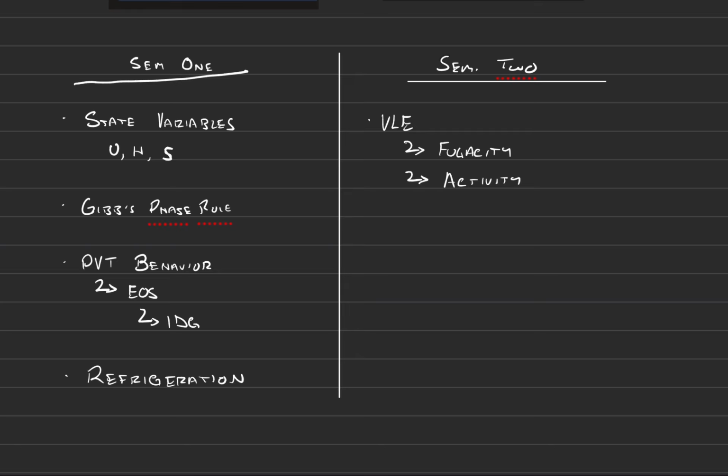We're going to look at the remaining state variables that we've not really discussed, so mostly Gibbs free energy. Of course, we'll define what Gibbs free energy is in Thermo 1, but you won't really find its usefulness until Thermo 2.